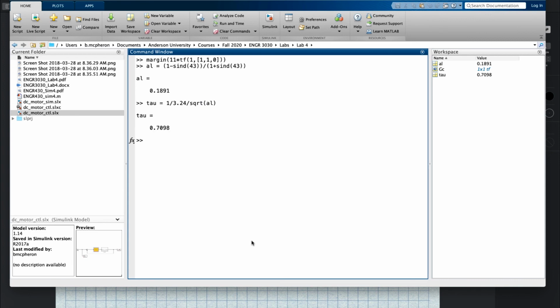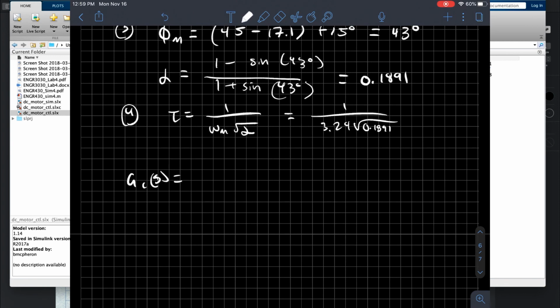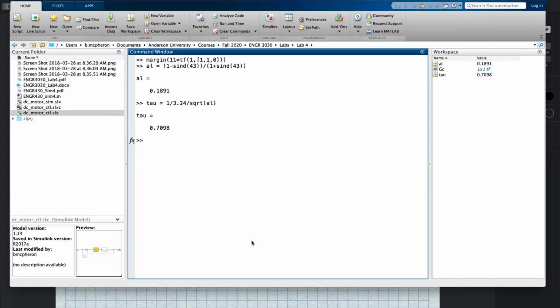So tau is equal to 0.7098. So if I write this out, Gc(s) is equal to 11 times (0.71 s plus 1) over (0.19 times 0.71 s plus 1).